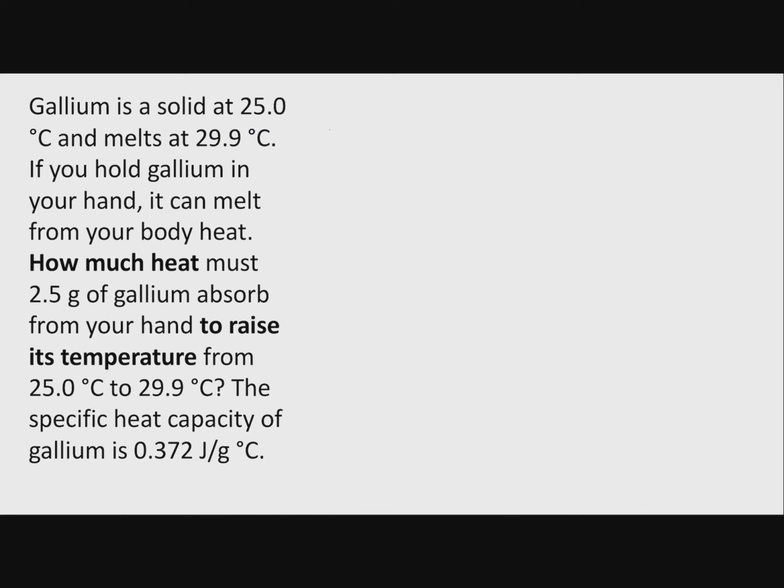Let's see what we have. So gallium is a solid at 25. It melts at 29. Okay, so let's see. That's not really anything. We keep going. Grams of gallium, 2.5. So mass, 2.5 grams. Okay. It raises temperature from 25 to 29. That sounds like a delta T to me, if I've ever heard one.